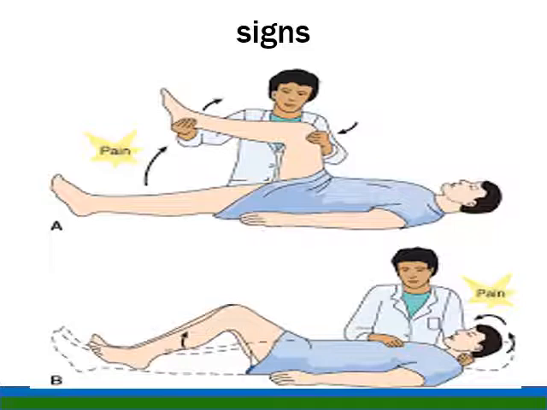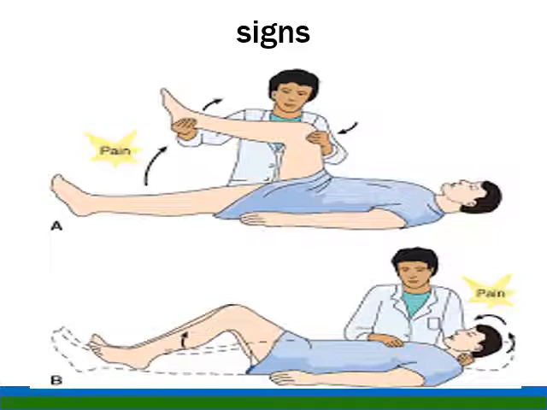And the second sign is called Brudzinski sign. What is this sign? In this, if you try to flex the neck, they will flex the knees also.